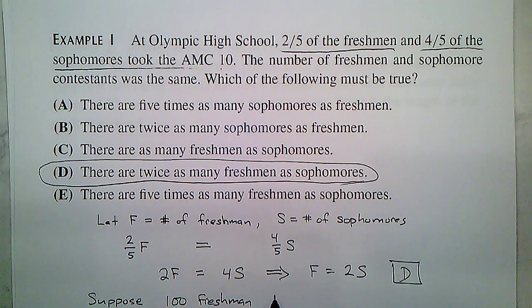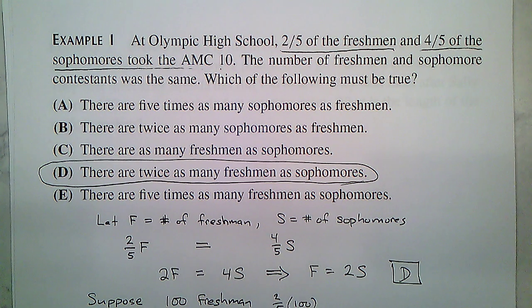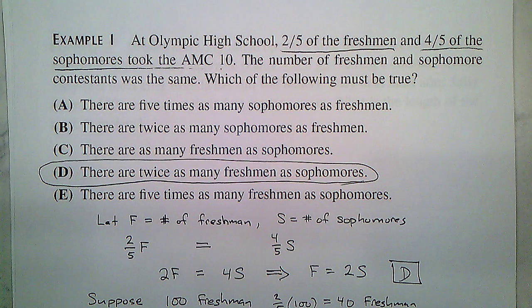So then you know that 2/5 of the 100, what is that? Well, 100 divided by 5 is 20. So that's 40 freshmen took the AMC 10. You know that number 40 is the same as the number of sophomores that took the AMC 10.